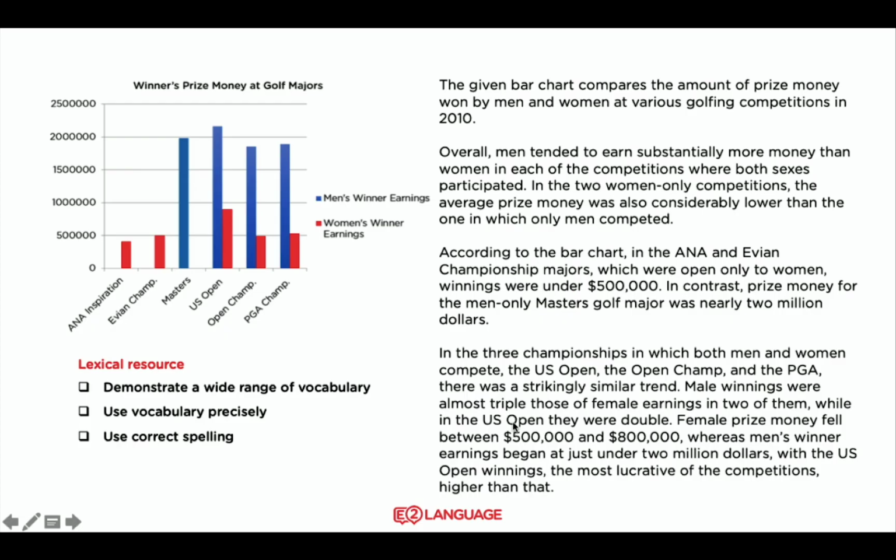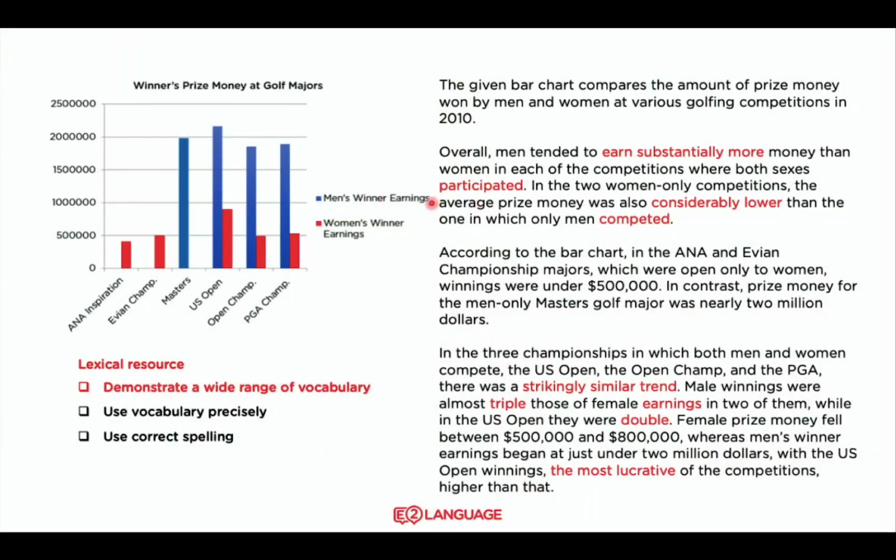Onto lexical resource now. Have I demonstrated a wide range of vocabulary? Here are some examples. Earn substantially more. Notice that verb, adverb, earn substantially more. Participated, considerably lower. Competed, see these two here, these synonyms, participated, competed, you could say took part in.